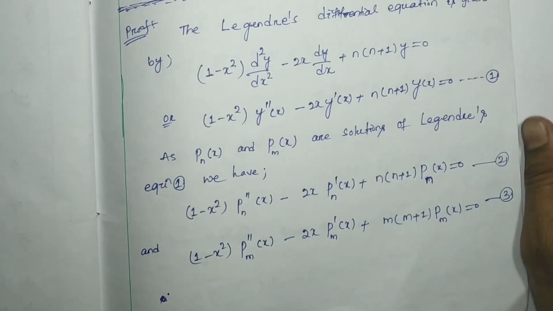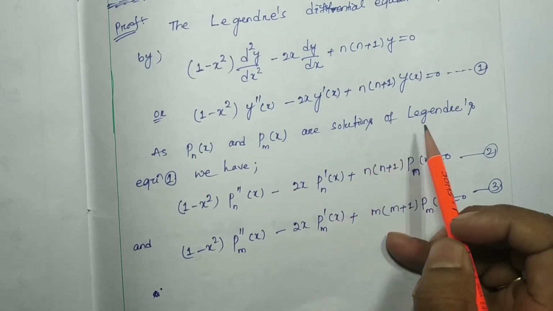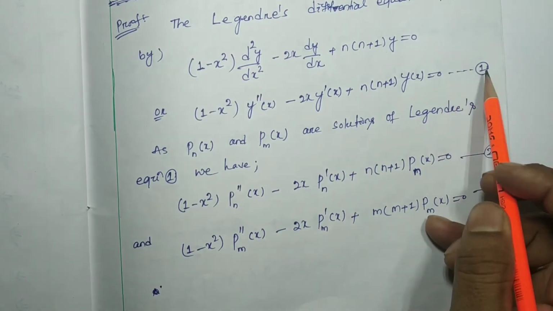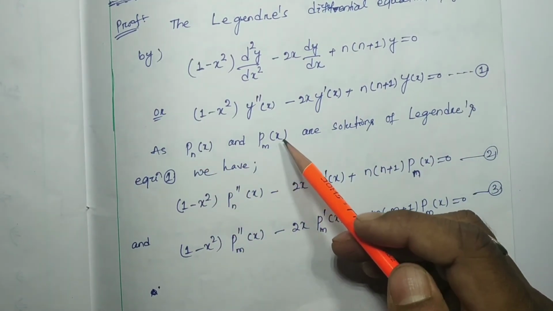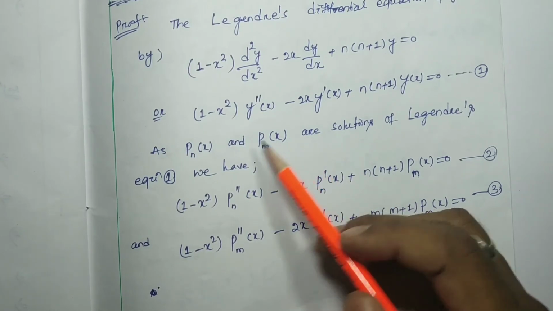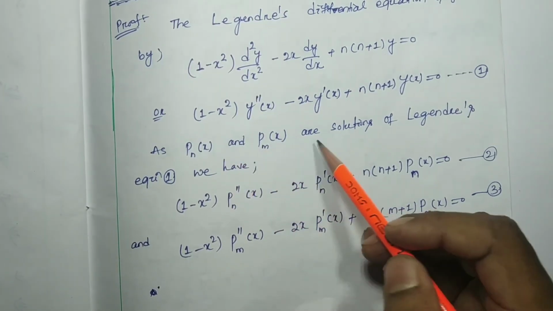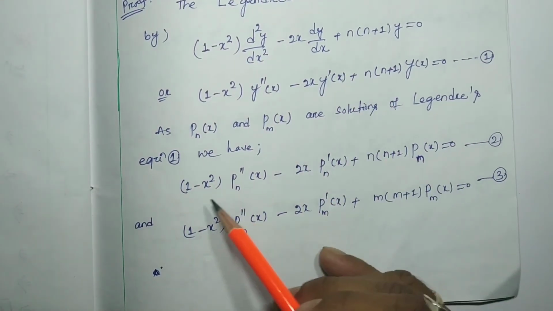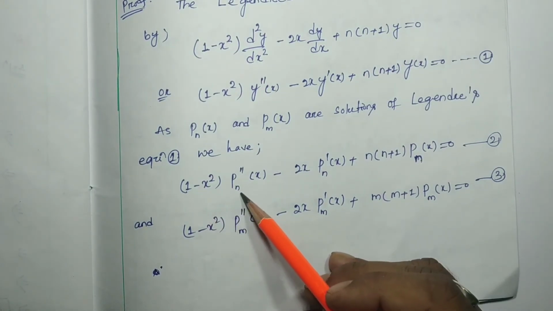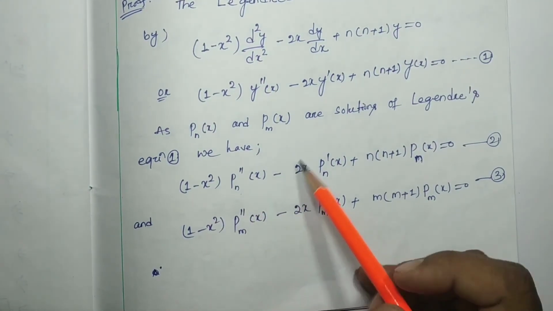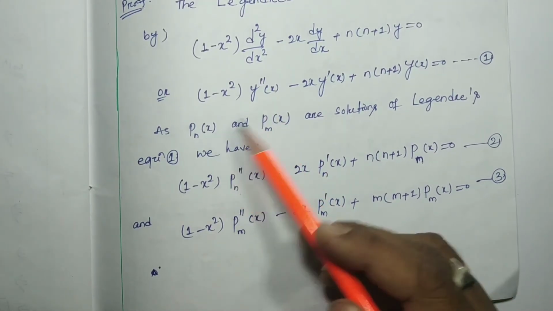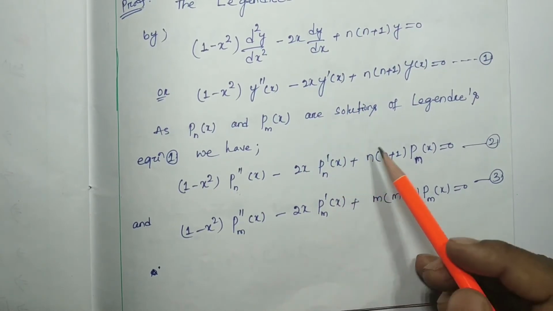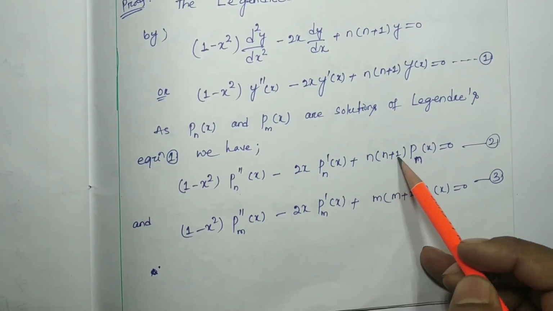As Pn(x) and Pm(x) are the solutions of the Legendre differential equation, that is, the differential equation 1, Pn(x) and Pm(x) are the polynomials, or we can also say that Pm(x) and Pn(x) are the solutions of this equation number 1. Hence we can write, instead of y(x), Pn: (1 minus x square) Pn double dash (x) minus 2x Pn dash (x) plus n into (n plus 1) Pn(x) equal to 0.